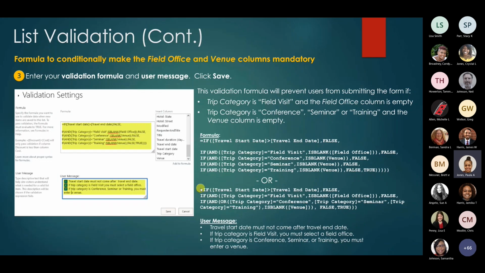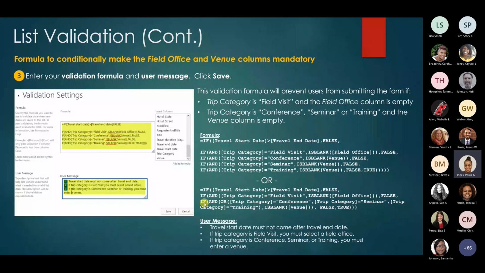Or you can create a formula that's a little more condensed here, but it evaluates to the same thing. If travel start date is greater than travel end date, false. If trip category equals field visit and the field office is blank, false. You don't want them to be able to submit the form.